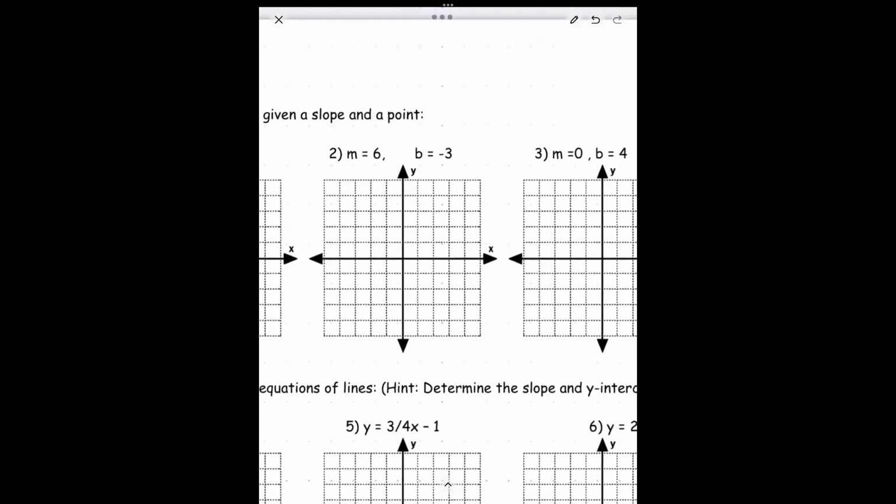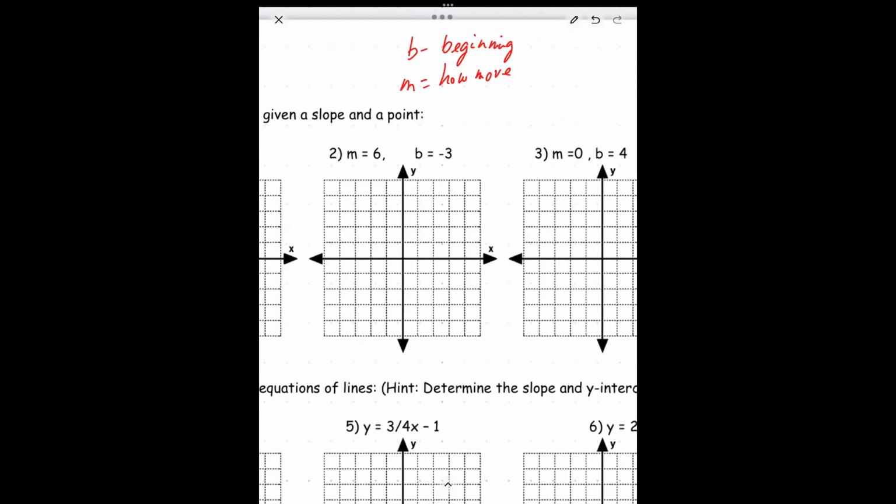We're always going to start with the y-intercept, but I like to call this the beginning. B stands for beginning. So that's where the graph starts. And m is the slope, but it's telling us how to move from the beginning. So the very first thing I'm going to do is go to where b is equal to -3. So that's where we're going to begin.